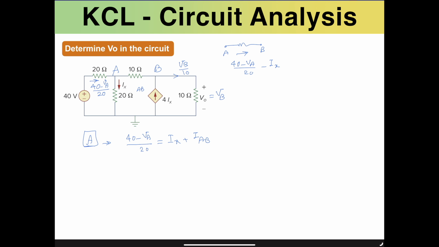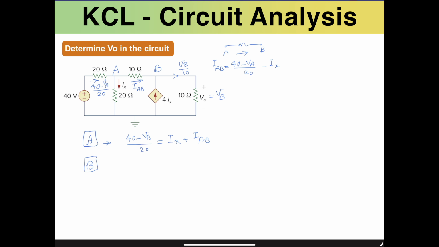Let me change that to capital I. We also know that IAB is the same as this value. So essentially, this is IAB.